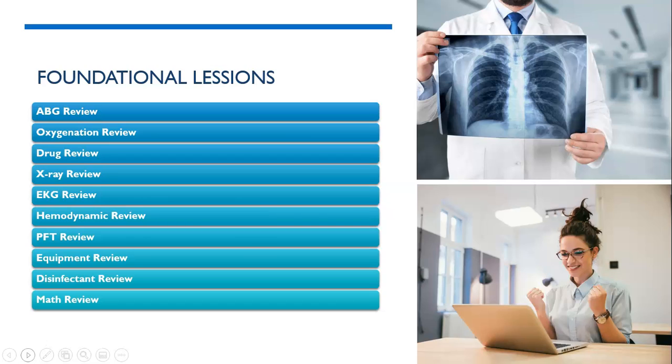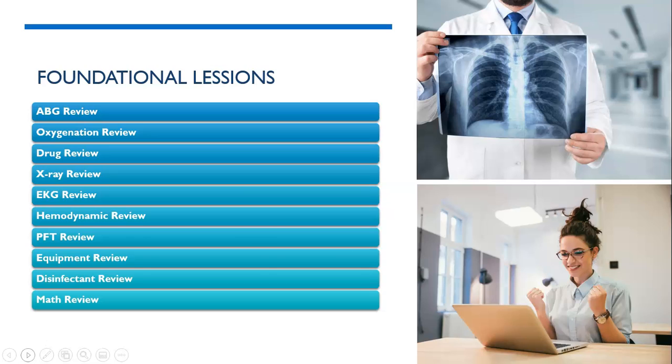We want to make sure they have the correct units of measurement that these drugs are in. We want to make sure that those are perfect so that they can recognize them easily in a test question. And then other things, of course, they would need to fill out. So this is how we start out.